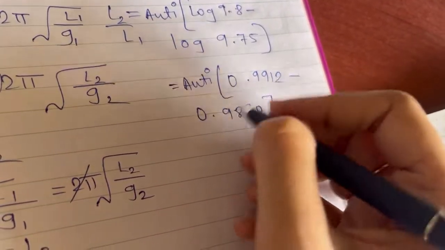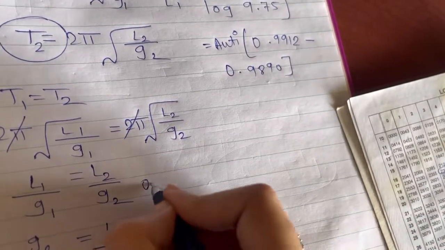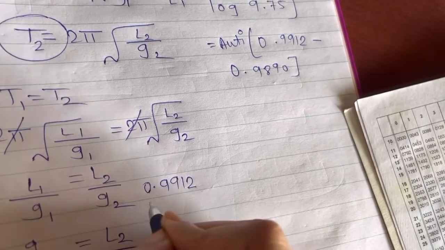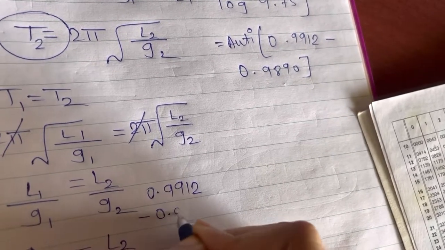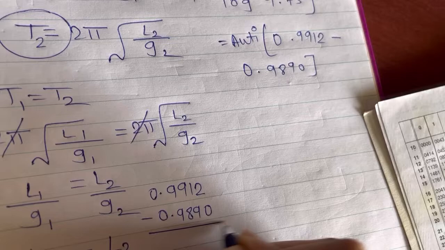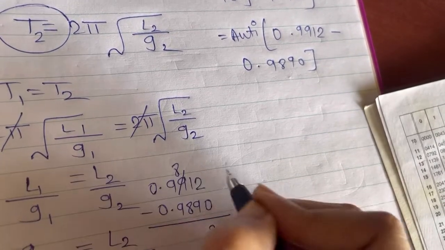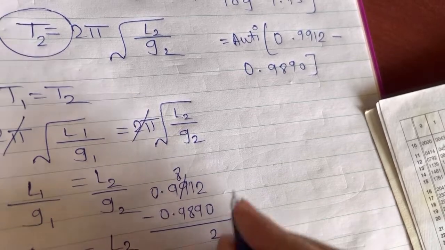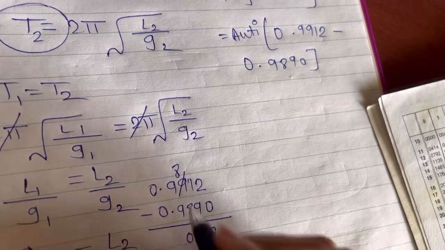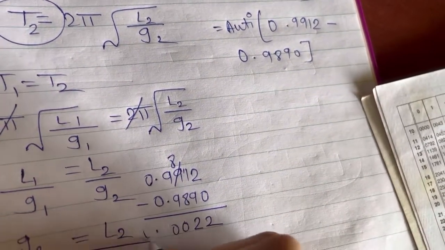9890. Now you will have to subtract these two numbers, that is 0.9912 minus 0.9890. 2 minus 0 is 2. This becomes 8, so this becomes 11. 11 minus 9 is 2. 8 minus 8 is 0. 9 minus 9 is 0. And this 0.